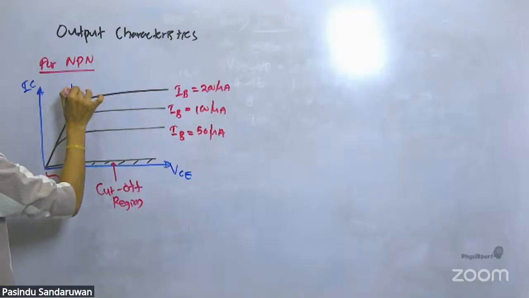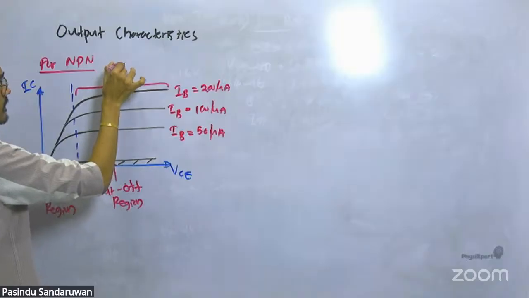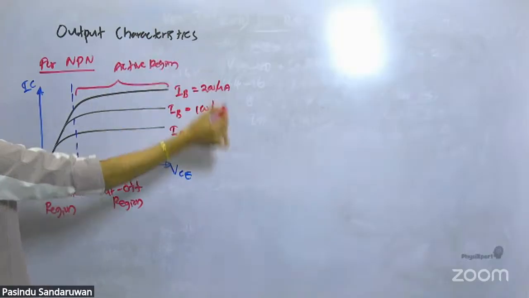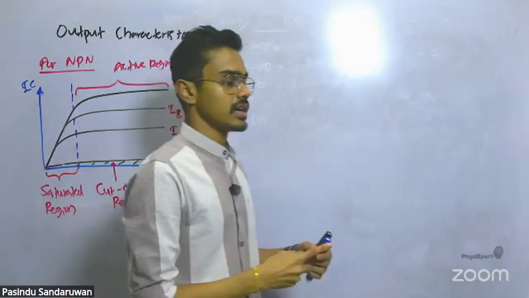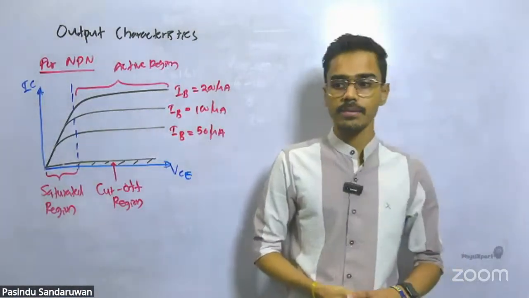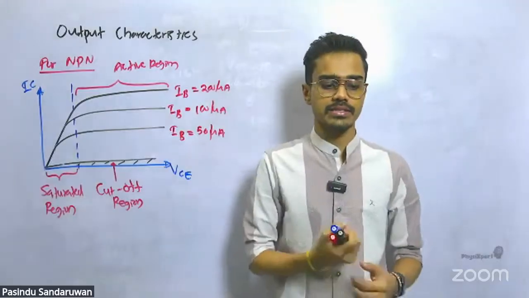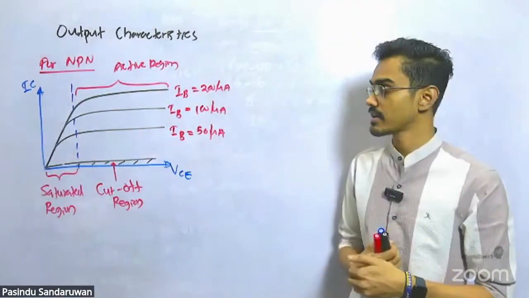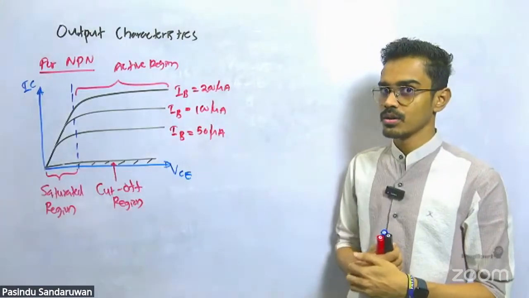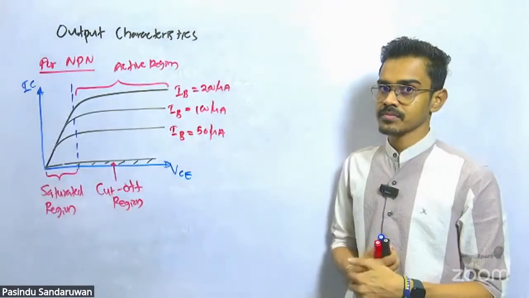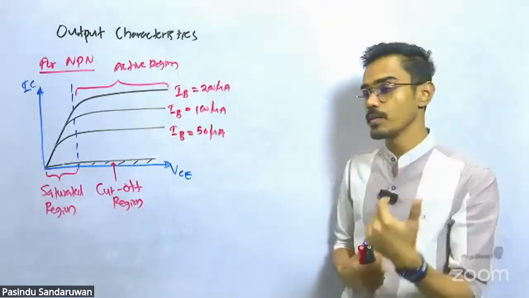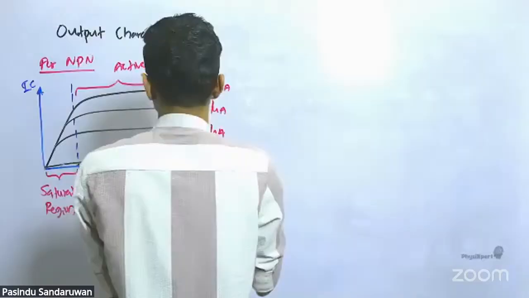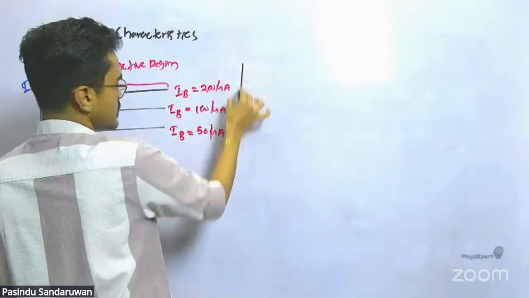And here there is the active region. This shows the output characteristics of a bipolar. Now I am going to compare this with the output characteristics of the unipolar NJFET. This is for NPN, and this is for NJFET.